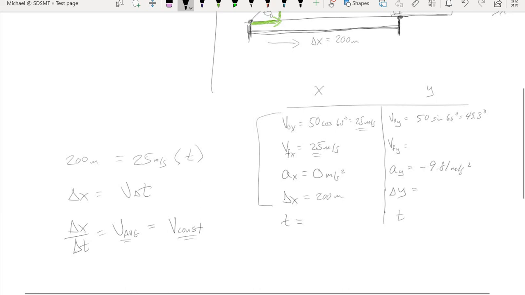We're using a constant velocity here. Well, if you just keep using the same value, 25, 25, 25, 25, and then you average it out, you get 25. So in solving for the time of flight, we need 8 seconds. 25 times 8 would be 200. So we need 8 seconds for the time of flight.